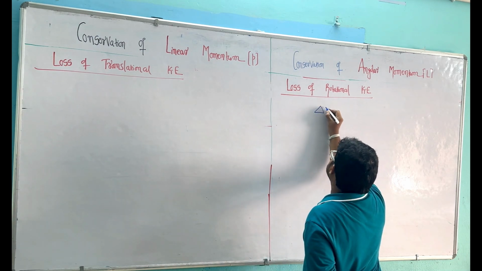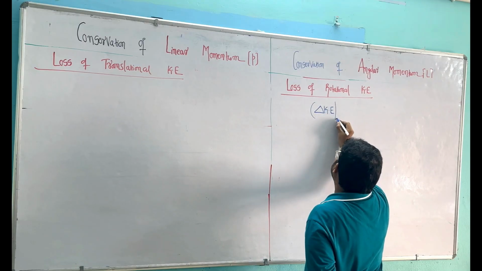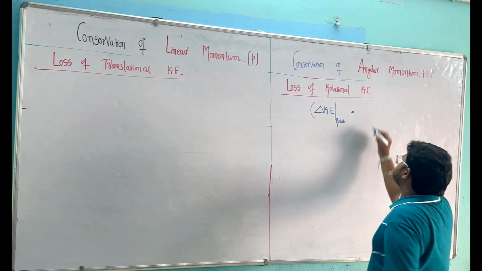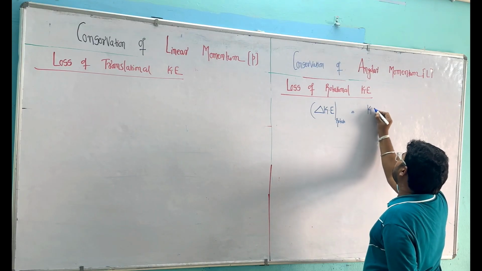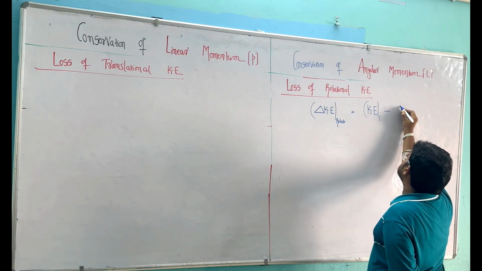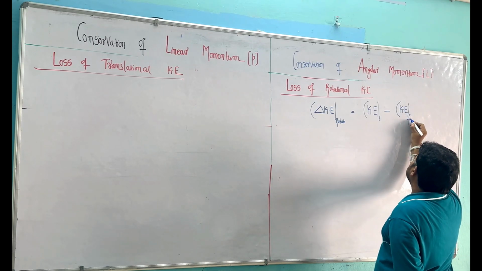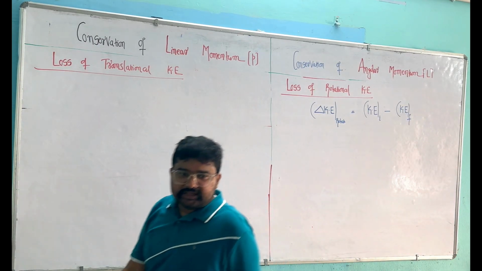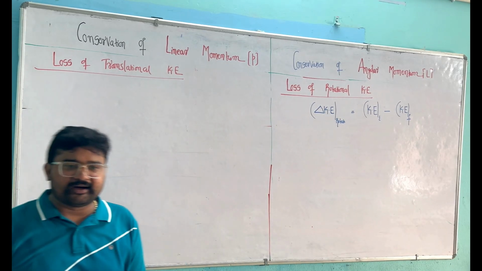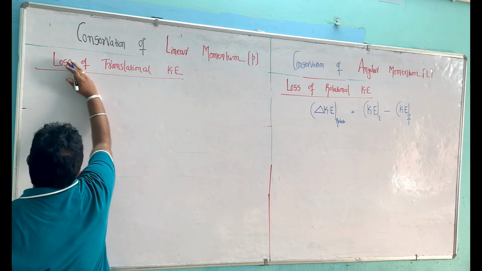Translational delta, this is rotational. That equal to initial kinetic energy minus final kinetic energy. Loss means what? Initial should be higher than the final. Okay?